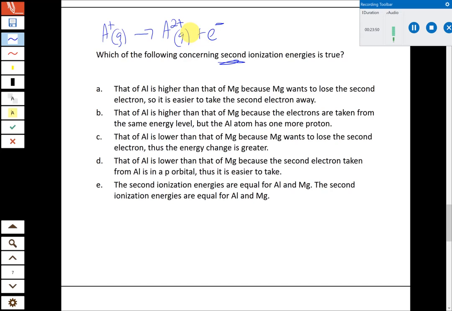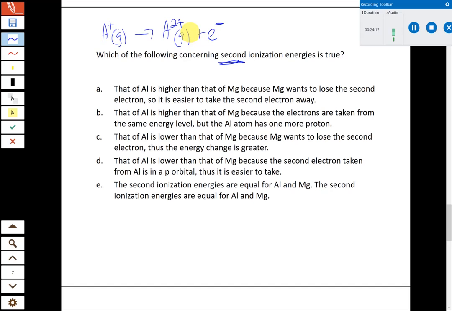And in this case, we're dealing with second ionization energies, and specifically we're comparing aluminum versus magnesium. So when you're talking about second ionization energies, you cannot just use the location on the periodic table. We have periodic trends for ionization energy, and as we said, ionization energy typically increases bottom to top, and increases left to right, with a couple of exceptions as you go left to right. But those periodic trends only work for the first ionization energies.